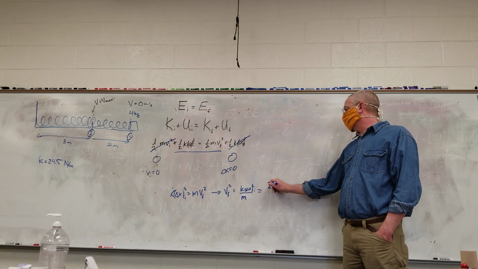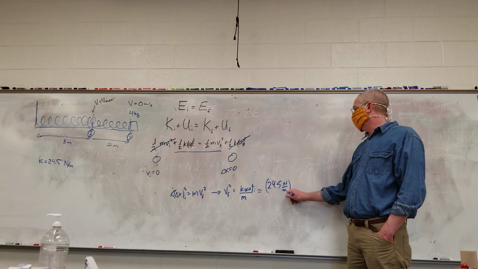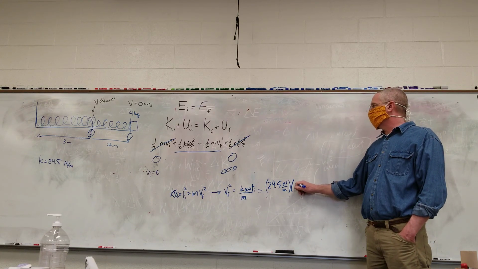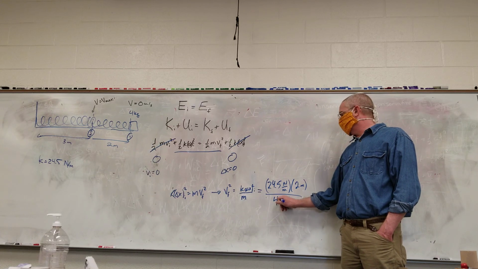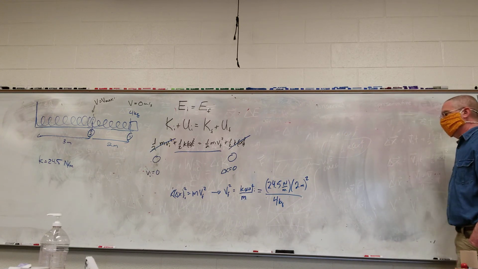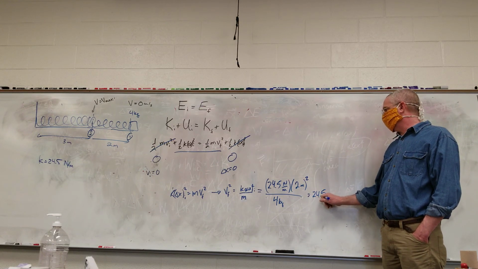So that's 24.5 newtons per meter times delta x, which is initially 2 meters, squared, divided by the mass, which is 4 kilograms. And we get 24.5.